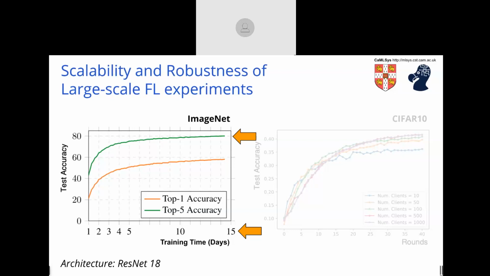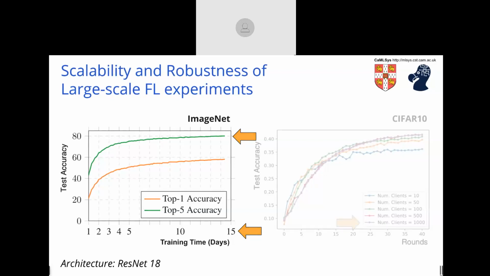And so here we have an experiment which we think is probably the first time ImageNet, a well-known large-scale machine learning dataset, has ever been trained using federated learning. And so this is top 1 accuracy, where we see it gets to around 80%, but after 2 weeks of operation. So we have our Flower framework working for 2 weeks before it can converge to its model.